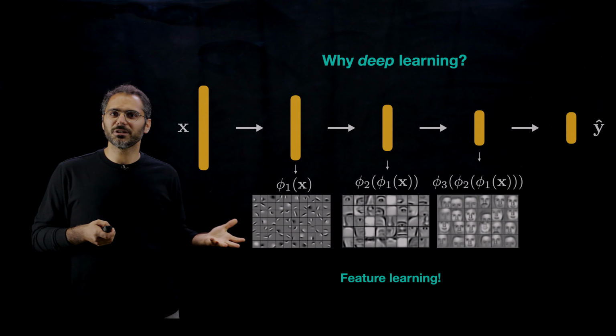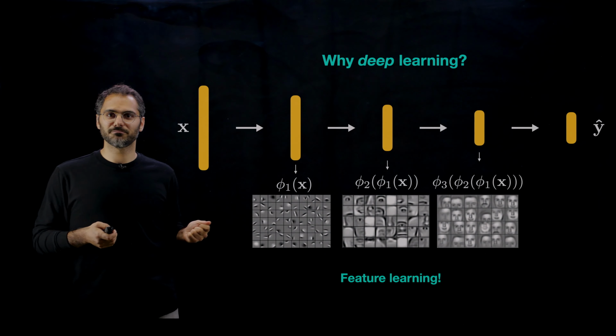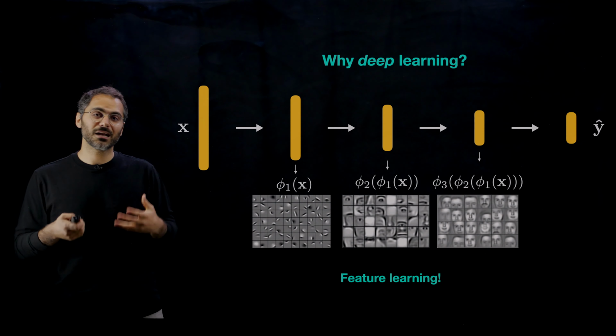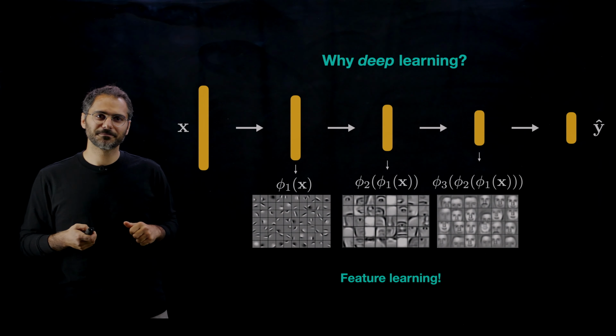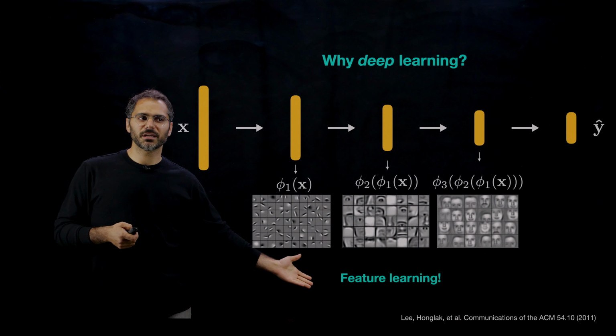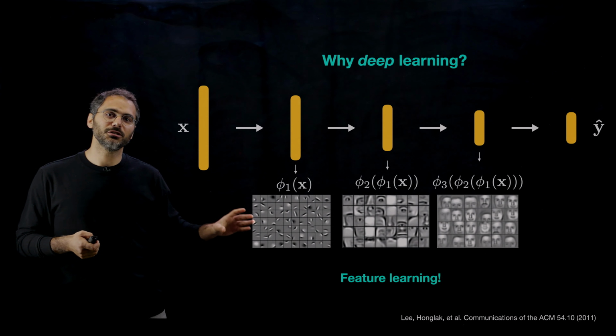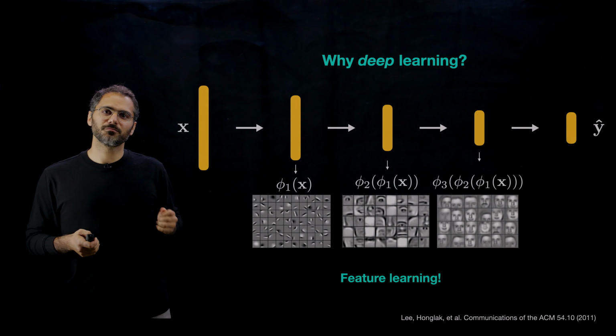And this is really the motivation of deep learning, which is feature learning. The algorithm learns the features on its own. These images were taken from this paper, and this paper shows how each hidden layer represents a level of abstraction in an image.